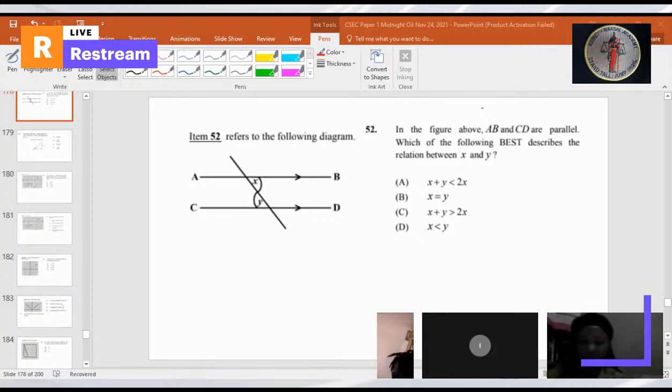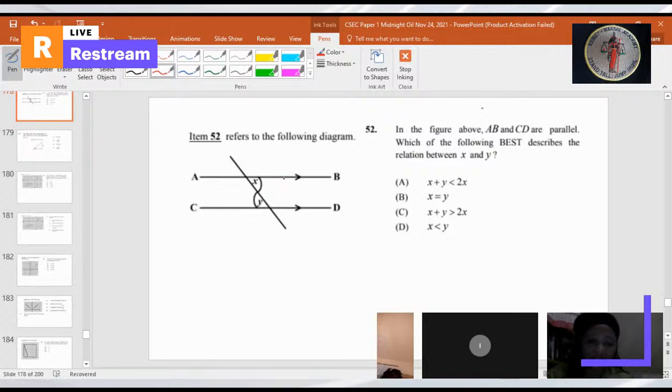So these are two parallel lines with a transversal cutting across. Yes, miss. So we have the transversal cutting, and it creates alternate angles, which we also call Z angles.